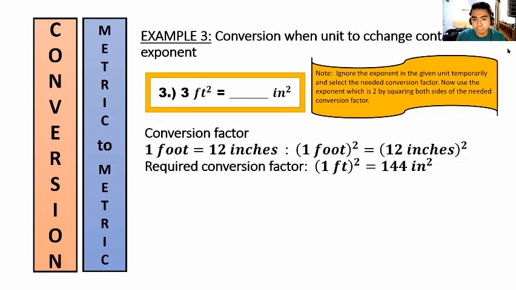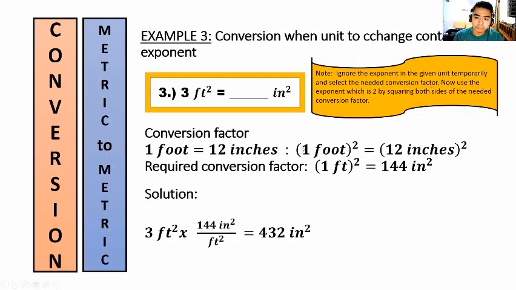Ngayon, kung i-square natin both sides, okay, so we have 1 foot square and 12 inches square. So, mangyayari, 1 square foot tsaka 144 square inches. So, in-square natin, no? Hindi lang yung number, pati yung unit din, naka-square din.